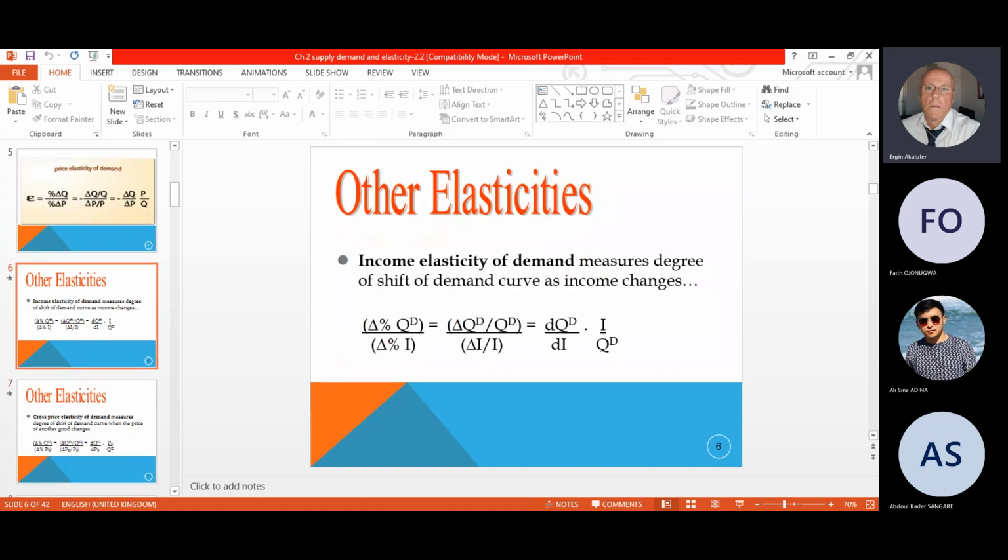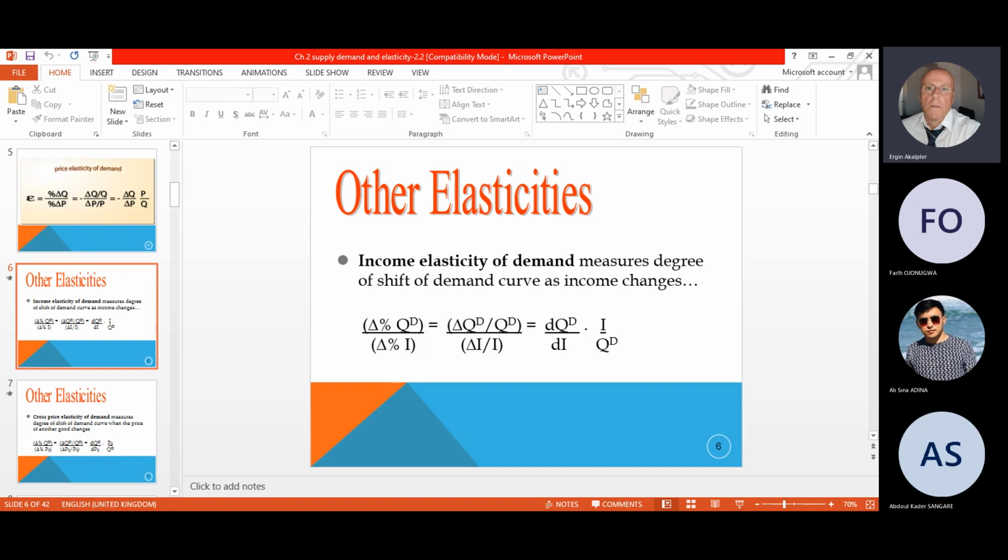Then the income elasticity of demand is given, which measures the degree of shift of the demand curve as income changes. This is delta Qd divided by the difference in income, and in a more comprehensive form, delta Qd over Qd divided by delta I over I, where I is the disposable income in the former period.